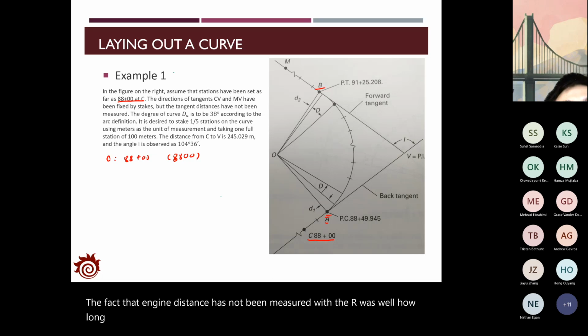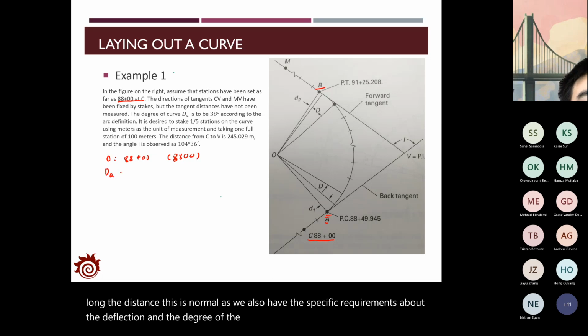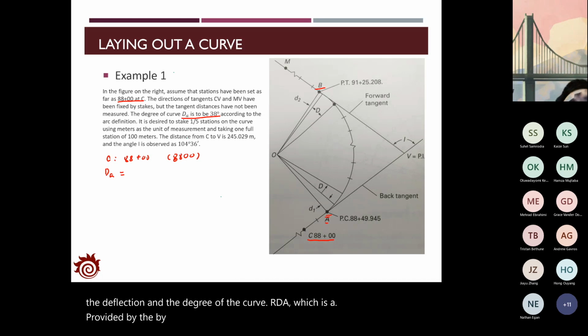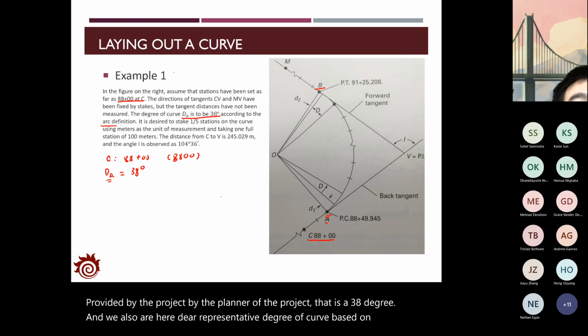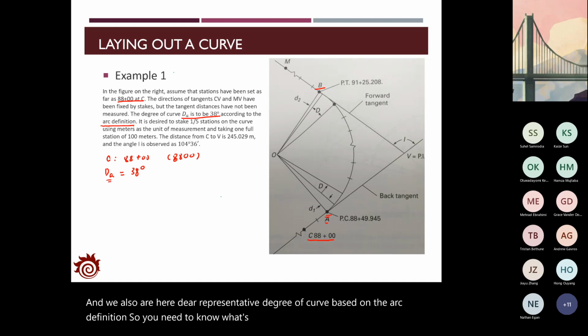We also have the specific requirement about the deflection and the degree of the curve, dA, which is provided by the planner of the project, that is 38 degrees. Here dA represents the degree of the curve based on the arc definition, so you need to know the difference between the arc definition and the chord definition.